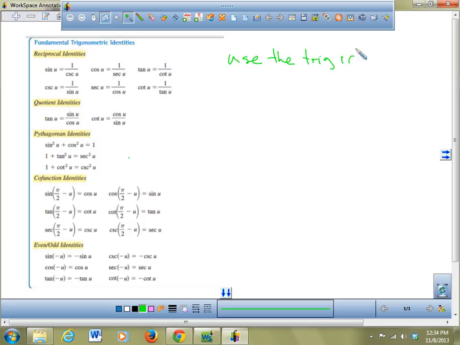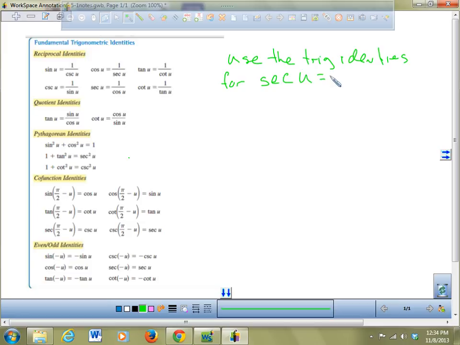Use the trig identities to find, for secant of u equals negative 3 over 2 and tan of u greater than 0, all six trig functions.